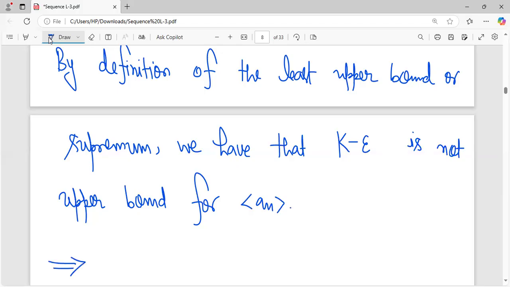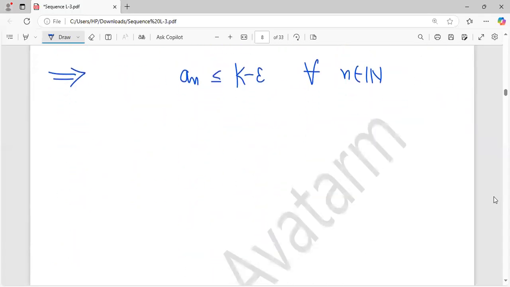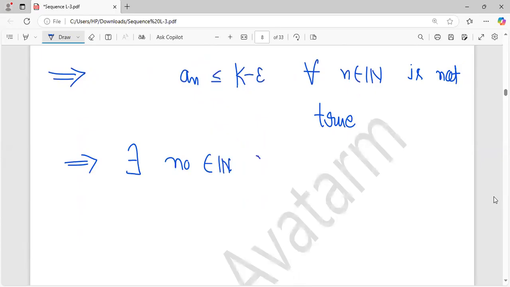If this is not an upper bound, then the statement a_n less than K minus epsilon for all n belonging to N is not true.